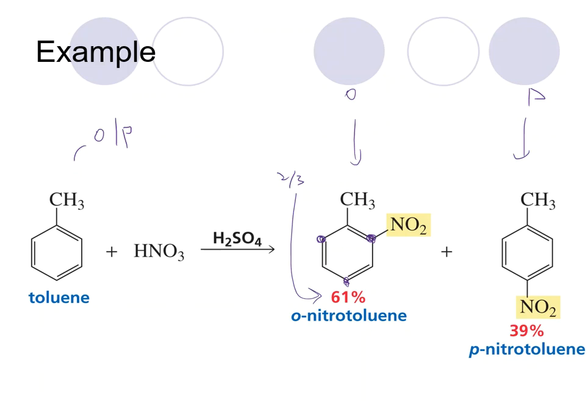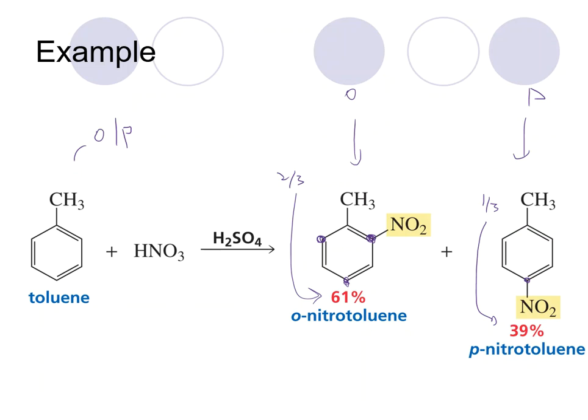Pretty darn close. And then para, only 1 out of 3 chance of getting formed. And what's 1 divided by 3? That's 33%. And bam, that's really, really close. 39% instead. So here's an example of where statistics pretty much decides the answer to this.